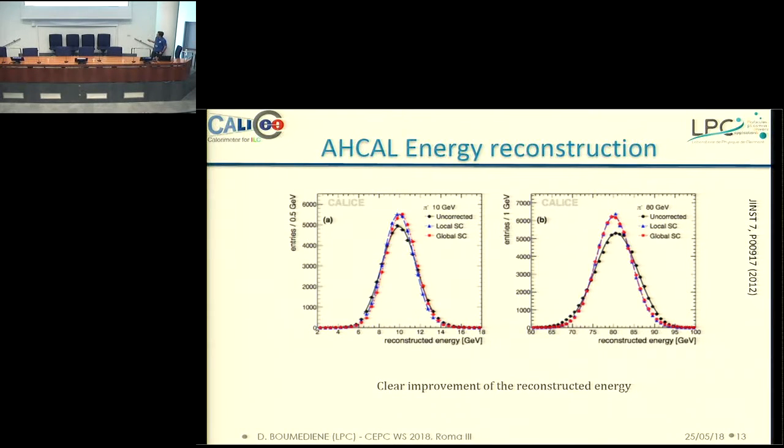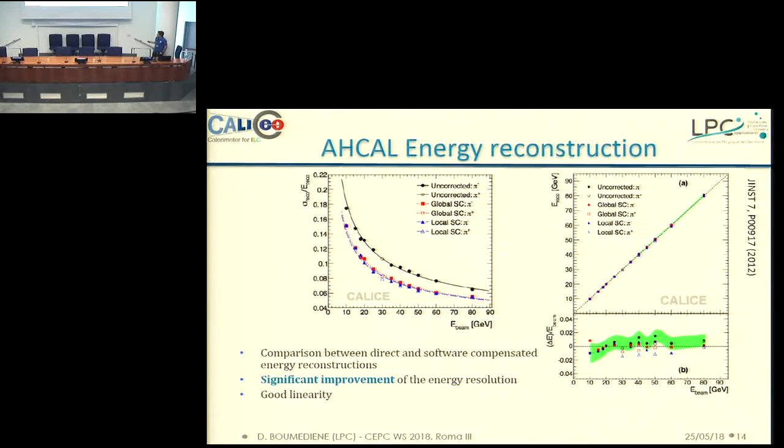Here is the impact of this software compensation. In black, you see the reconstructed energy in GeV at the electromagnetic scale using 10 GeV pions. And in blue, including this software compensation, and the gain in terms of resolution is quite obvious. So this is true at 10 GeV, but also with 80 GeV pions.